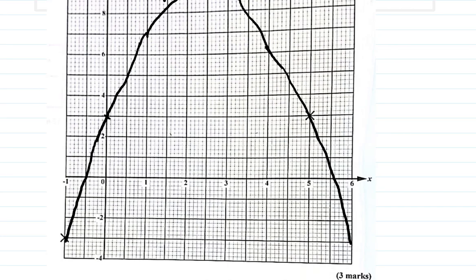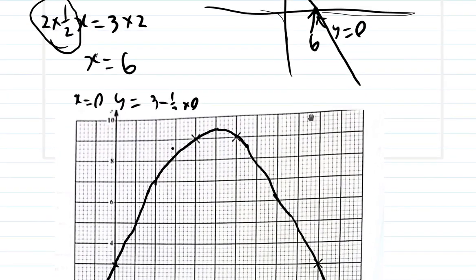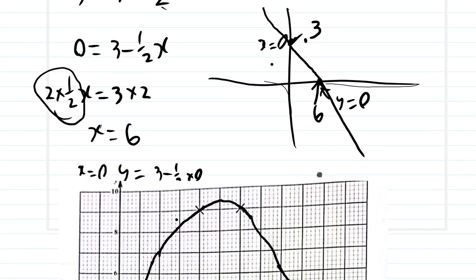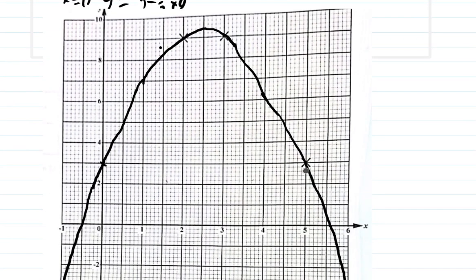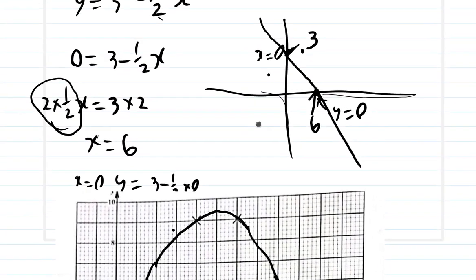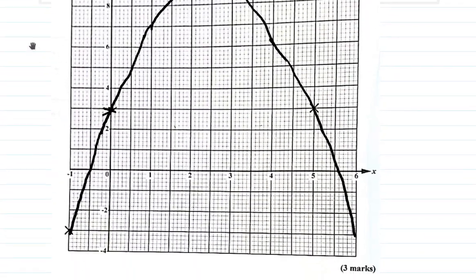Here now, this line crosses the y-axis at 3. And the x-axis at, where was it again? The x-axis at 6.